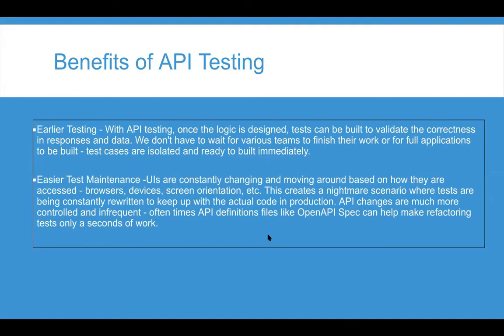We talked about benefits of API in terms of testing, because when you are testing APIs, there's no user interface. You are dealing with backend resources and all that. So we said, with API, once the logic is designed, even before you have something like a web page, you can start testing the interaction between the backend services, and it's just like a skeleton.